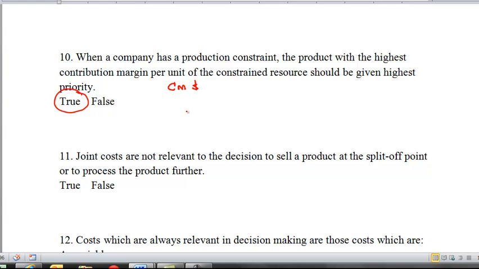But if you're limited, let's say, by pounds of a direct material that you need to buy to produce, and let's say it takes 2 pounds per unit, now you calculate a contribution margin per pound. And the one that has the highest contribution per pound is the one you're going to build. And that's what number 10 is saying, so it's true.